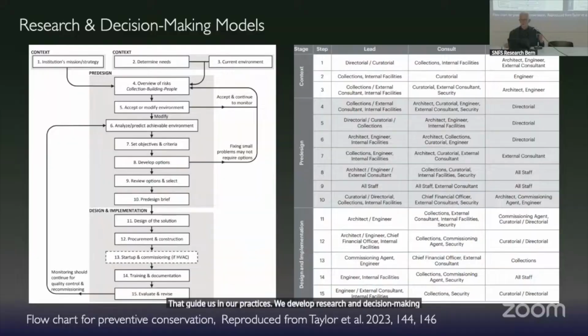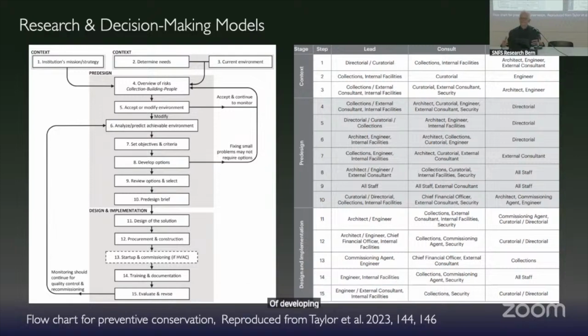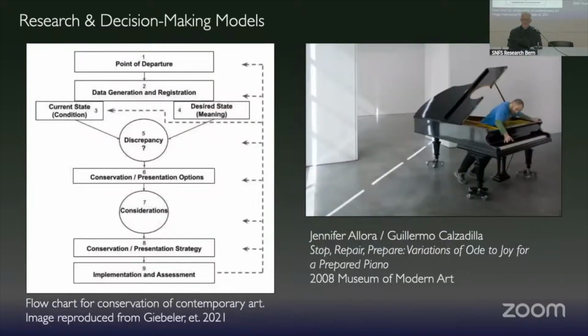I'm not going to go through this one. This is just an example of developing all the steps that various conservation professionals would take, in this case, in preventive conservation. And on the left is another example of modeling our research and practice.